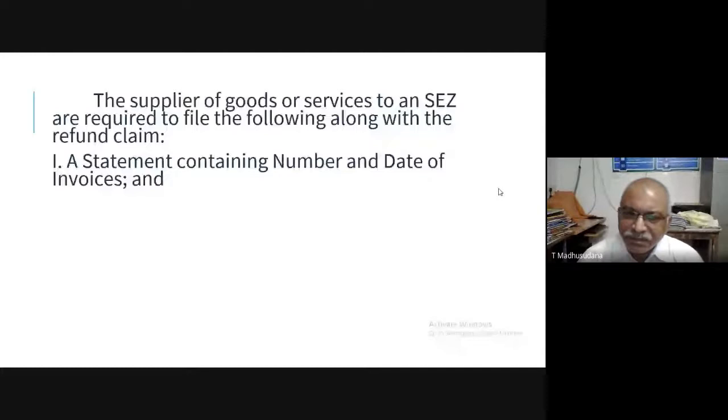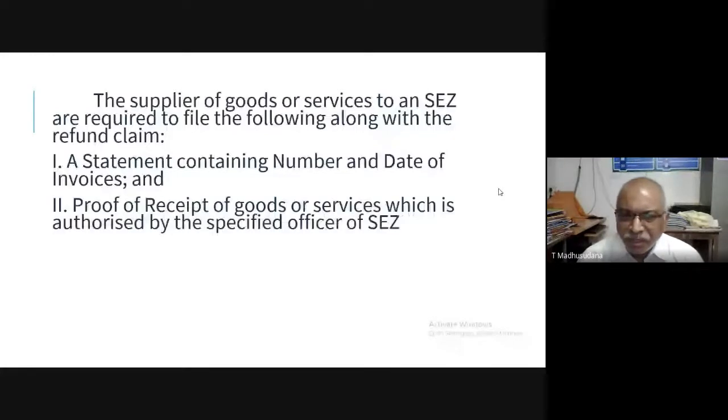Number one, a statement containing number and date of invoice. Number two, proof of receipt of goods or services, authorized by the specified officer of the SEZ. That means proof is to be produced that so much value of goods has been received from so and so person. This is to be certified by the officer of the special economic zone.